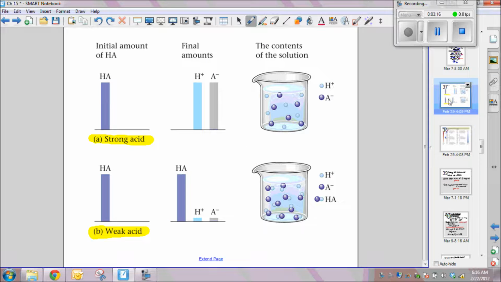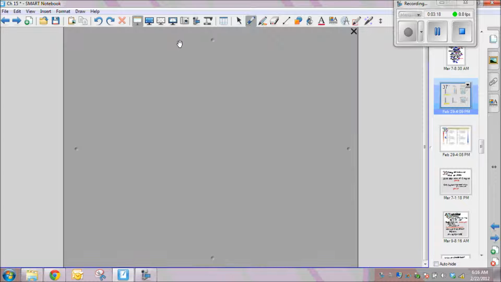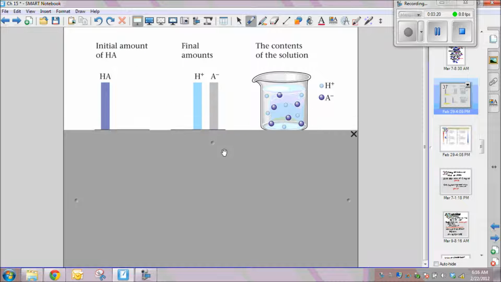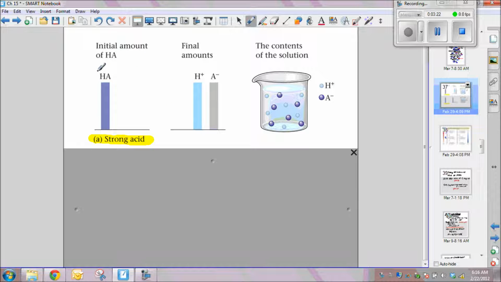Now, shown here in cartoon, the strong acid totally ionizes. So let's say, for example, we put 5 moles per liter of HA, let's call it hydrochloric acid, A is the anion, into solution. It totally ionizes, goes to the right, creates 5 moles per liter of the H plus in solution. That is a strong acid. So everything in the beaker is ionized.